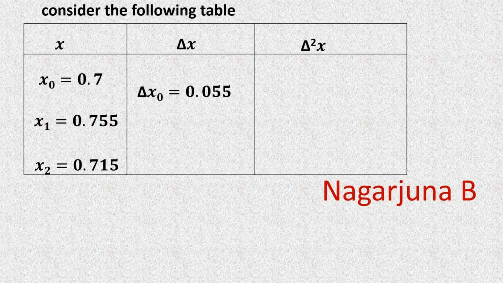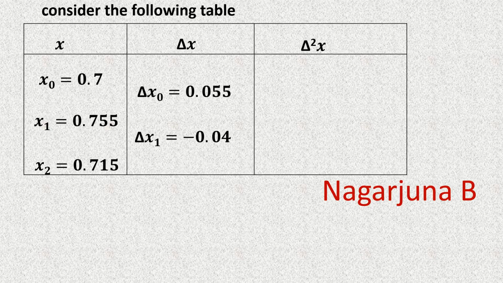The next, delta x1, and it will be equal to x2 minus x1. So x2 is 0.715 minus x1, which is 0.755. Therefore delta x1 is equal to minus 0.04. So write it in the middle of x2 and x1 in the second column of delta x, in the same way as I have written here.